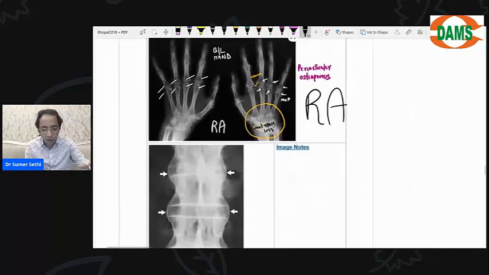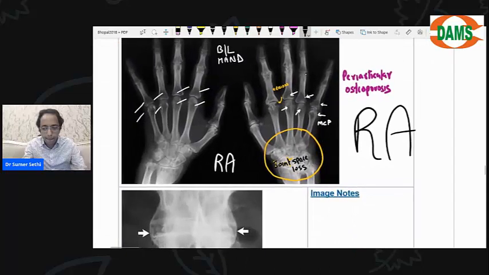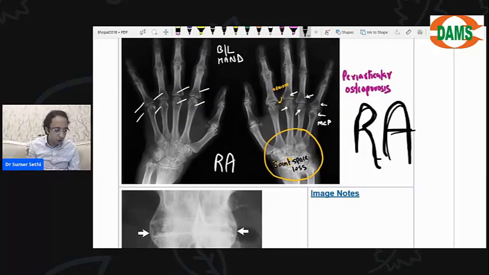Everybody clear? Okay, very good. So now I have shown you three arthritis so far. We said rheumatoid, osteoarthritis, tubercular arthritis, which are the more common things that you will see in your clinics.